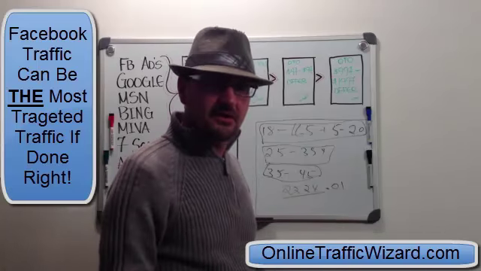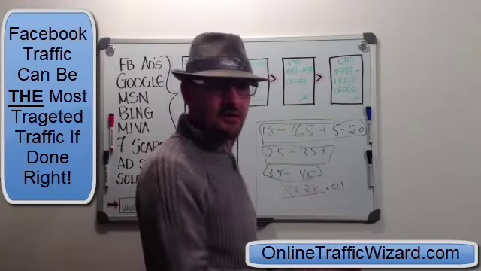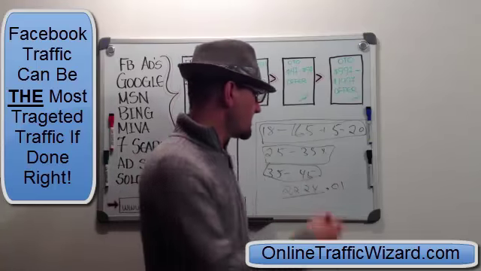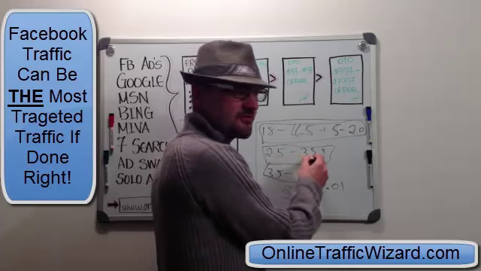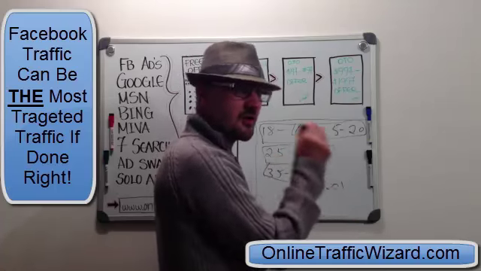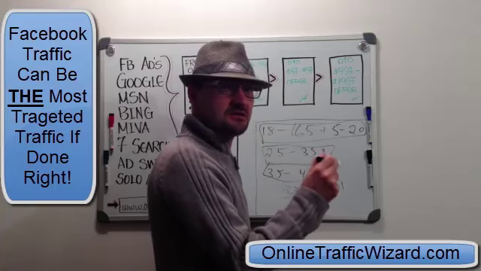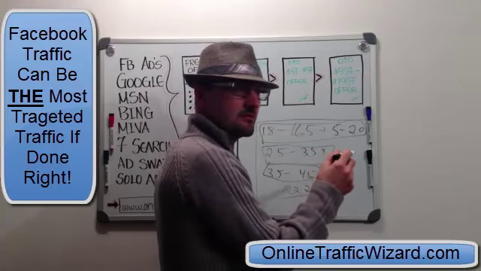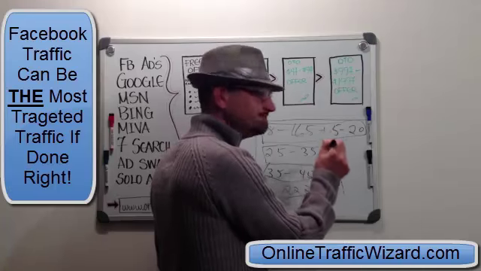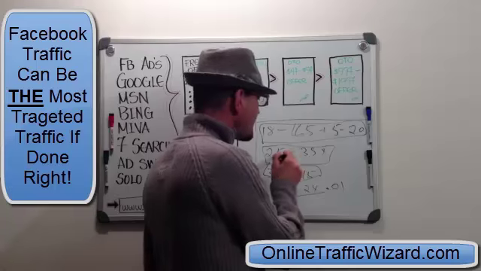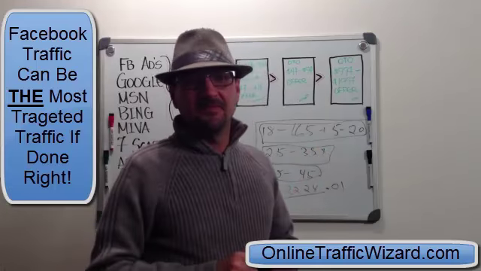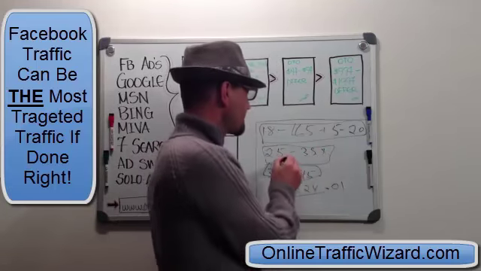Your ads are really targeted. Facebook knows where to put them. It knows where to show because, well, if you say only show 25 to 35, they're not going to show them at 45 unless you select, I forget what the option is called now, but there's a little check mark there where you can say exact age. Yeah, exact age. You've got to select that so that you're within.